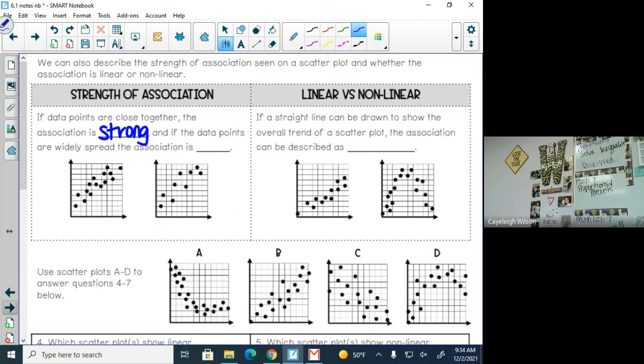Since the points are really chunked together, this is a stronger association because those points are a lot closer together. But if the data points are a little bit farther out from each other, not so packed together, that's when our association is weak. So this one is weak because the points aren't packed as close together.